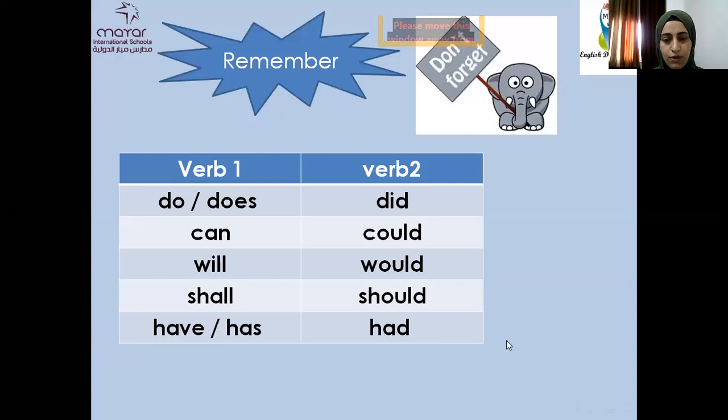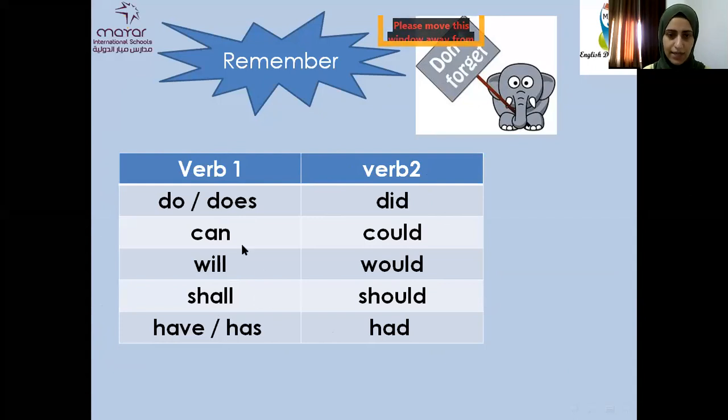Okay, now I just wanted to remind you, before we go to the simple present, you must remember the past tense of the verbs. Look at these verbs. Here we have some examples. Who wants to read them? Dana Al-Haj. Yes, teacher. All right, so here we have verb 1.